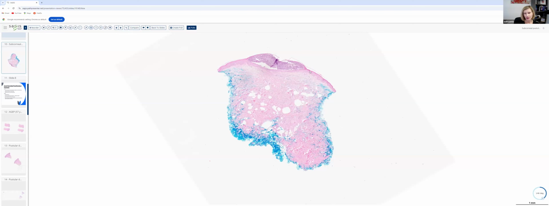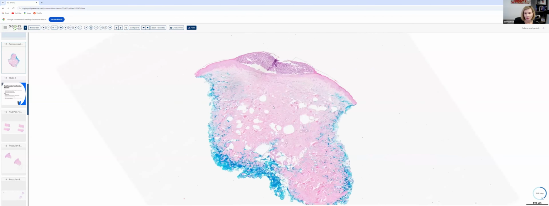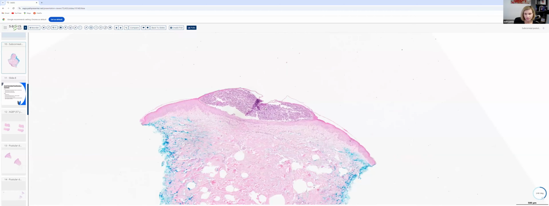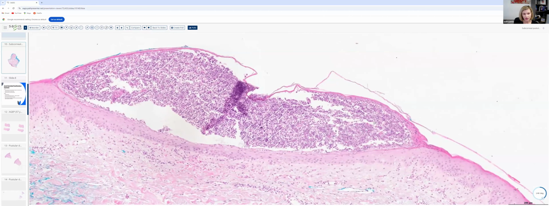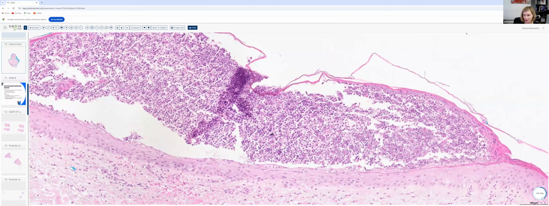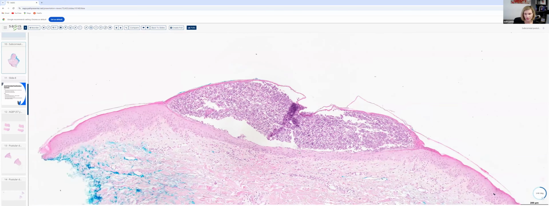The epidermis on either side of this appears fairly unremarkable. So we zoom in and we can see that within this subcorneal split, we have a collection of neutrophils. So this is a nice example of a very broad subcorneal pustule that we would see in subcorneal pustular dermatosis.